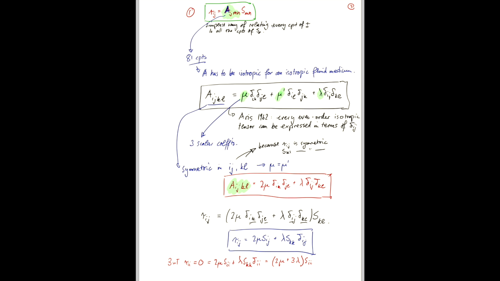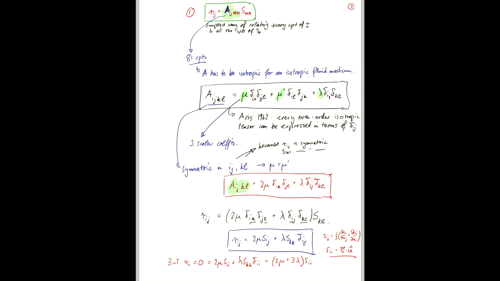Well, remember that S_ij is a half (du_i/dx_j plus du_j/dx_i). So S_ii is nothing but the divergence of u. And we've shown that before.